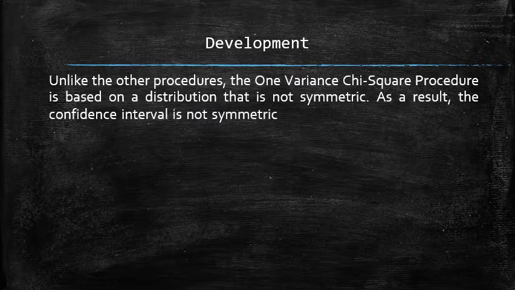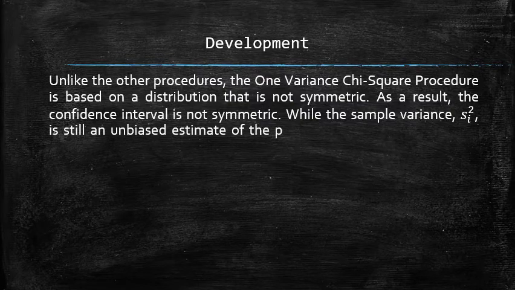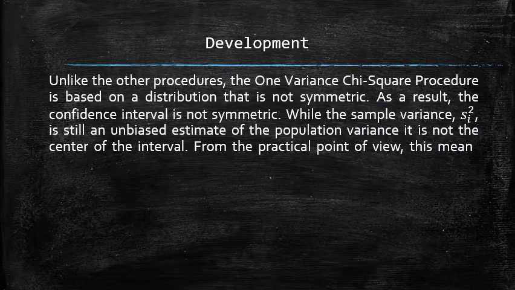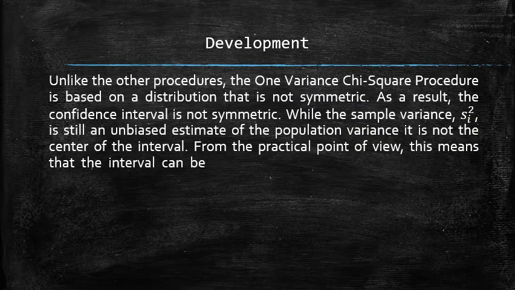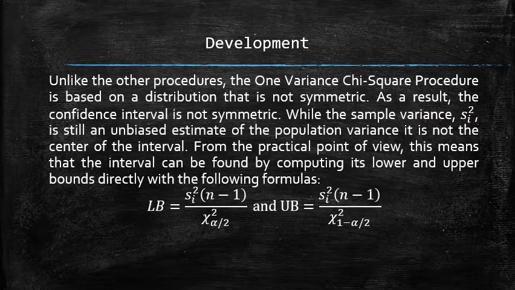While the sample variance s squared is still an unbiased estimate of the population variance, it is not the center of the interval. From the practical point of view, this means that the interval can be found by computing its lower and upper bounds directly with the following formulas, one for the lower bound and one for the upper bound.